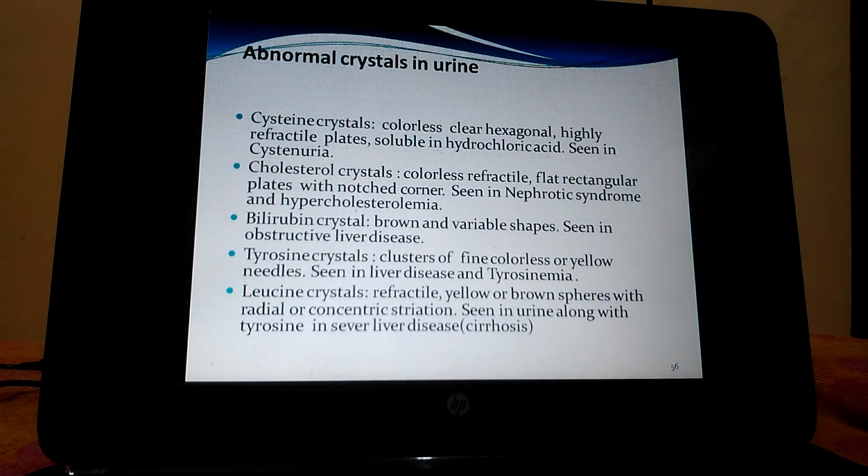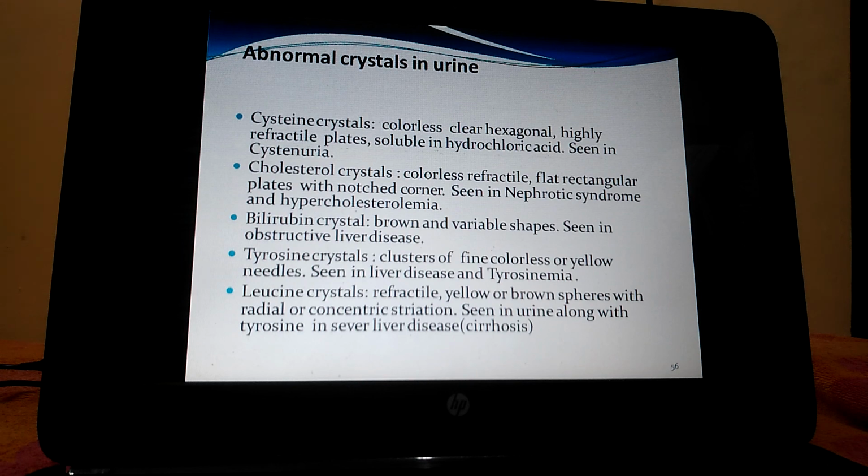Abnormal crystals in urine. Cystine crystals, these are colorless, clear, hexagonal, highly refractile plates soluble in hydrochloric acid, seen in cystinuria. Cholesterol crystals are colorless, refractile, flat granular plates with notched corners, seen in nephrotic syndrome and hypercholesterolemia.